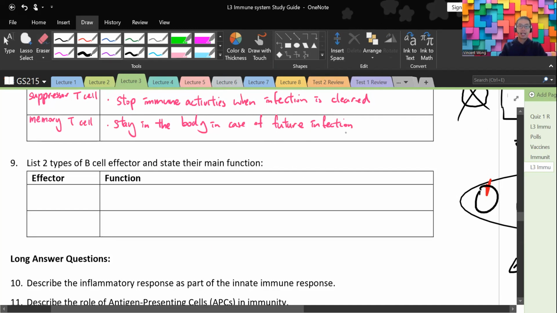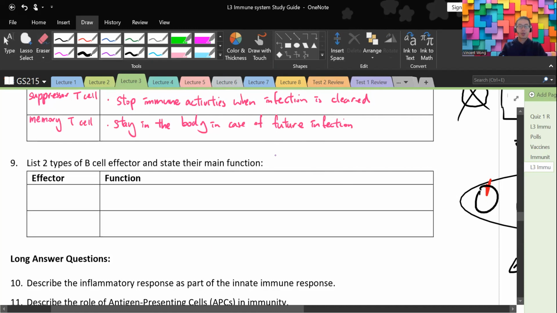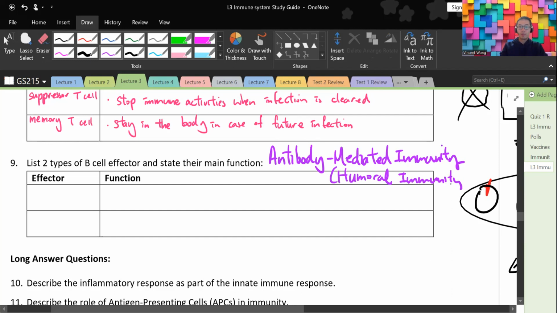So this kind of immunity, it is called antibody mediated immunity. Okay. Or humoral immunity. In case you read about it in a different name, they mean the same thing.